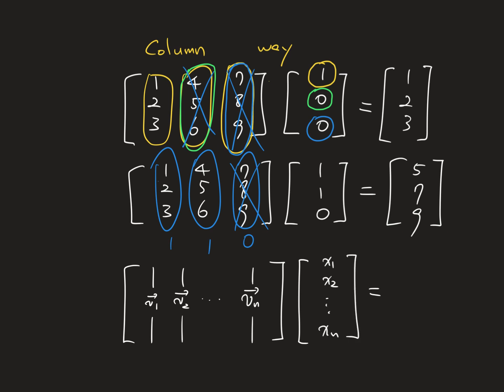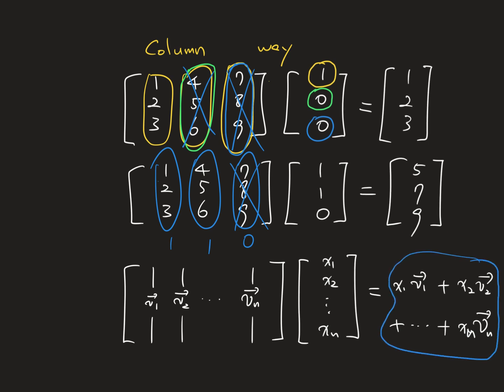Okay, and what we have is x1 v1 plus x2 v2 plus and so on, xn vn. What is that? This is just a linear combination of the vectors v1 up to vn. So you can write a linear combination of vectors this way, or you can use matrix multiplication. So matrix multiplication between a matrix and a vector is just the linear combination of column vectors.